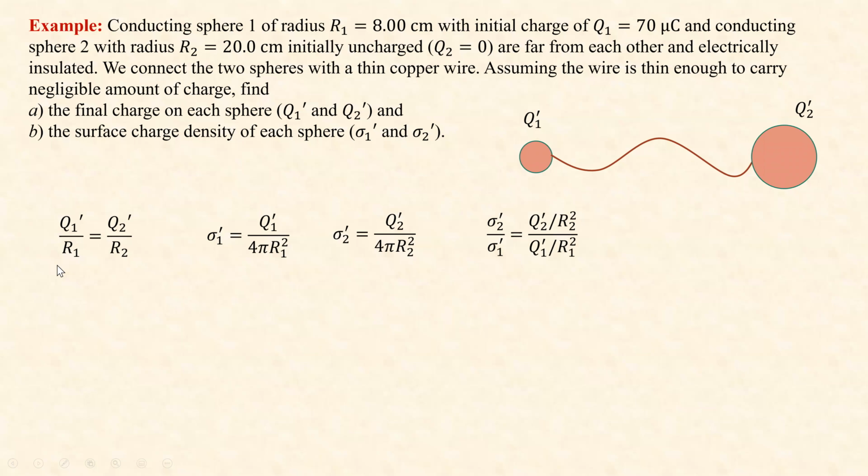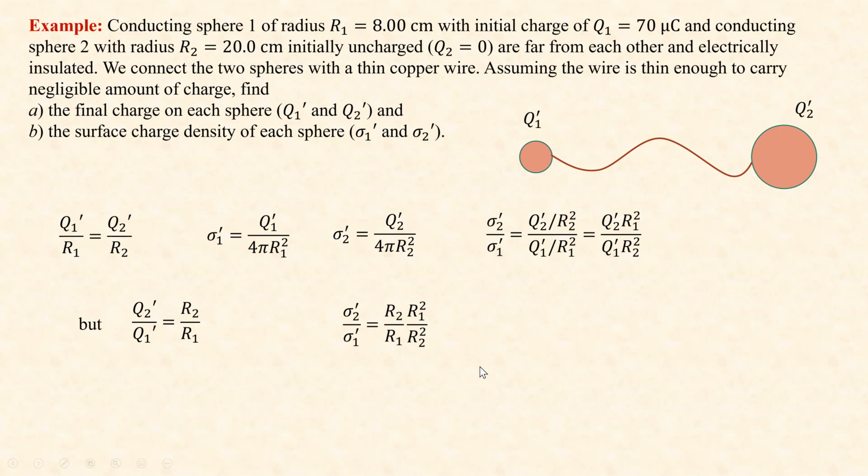But we also have this. You can do this. So Q2 times R1 squared divided by Q1 times R2 squared. But we have this Q2 over Q1 is R2 over R1. We can put that instead of this.